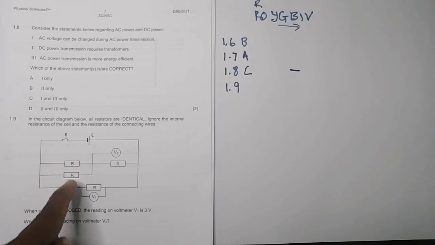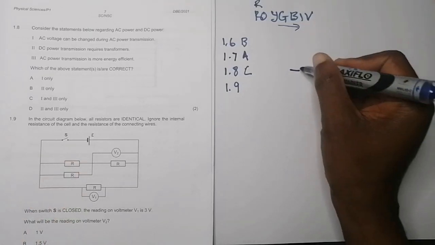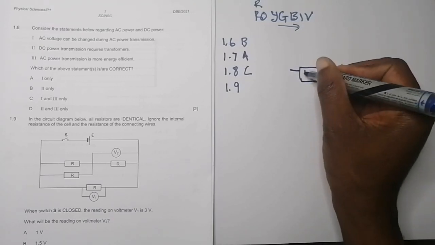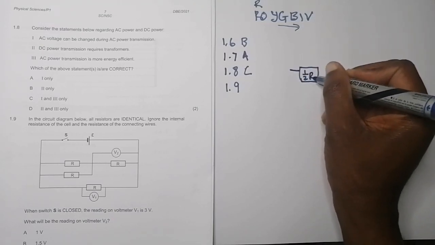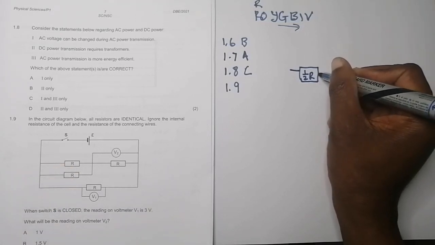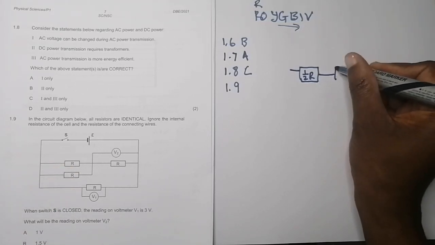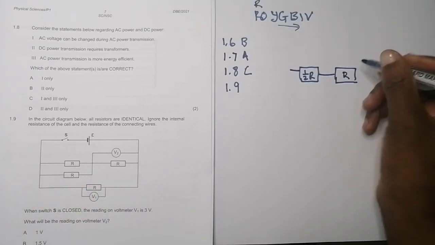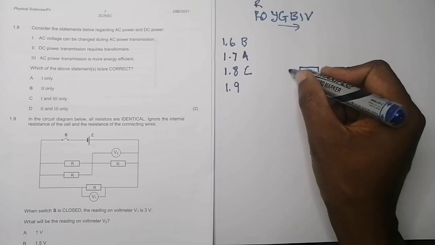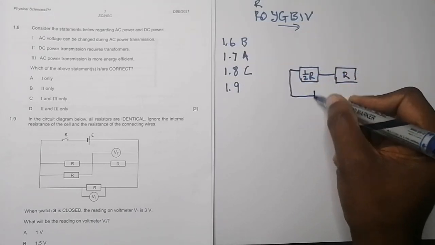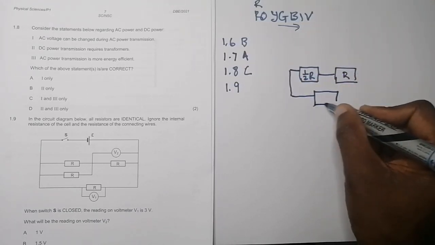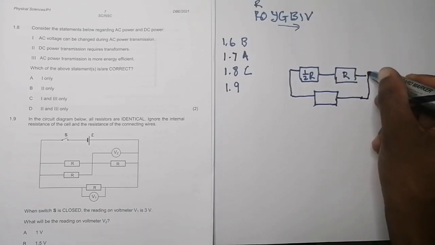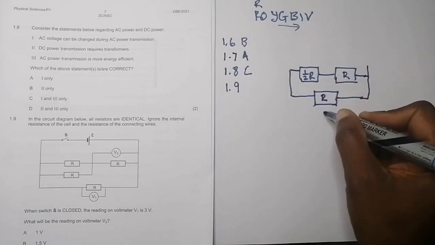When we take the parallel combination of those two resistors, the effective parallel resistance will be a half of R, and the one next to it remains as R. But remember, these two are in parallel with this one resistor R, and we were told that the voltage across this one R is 3 volts.